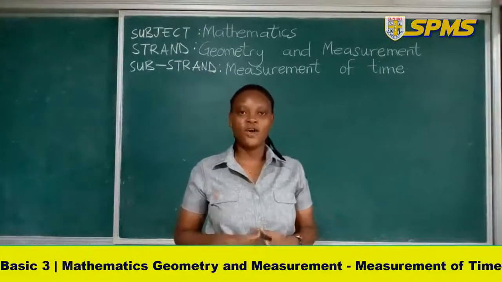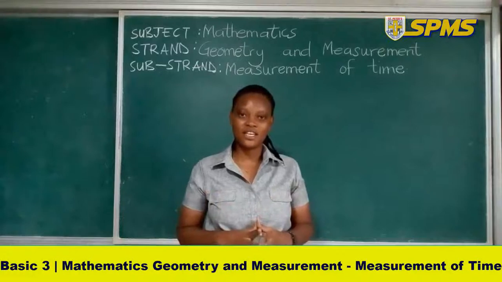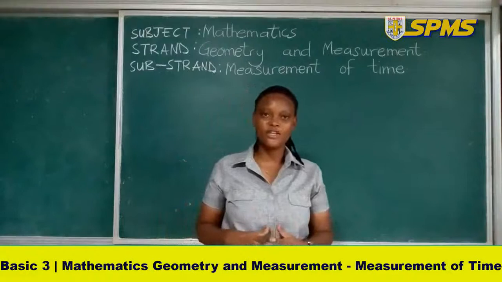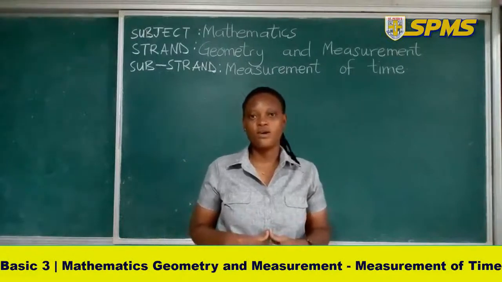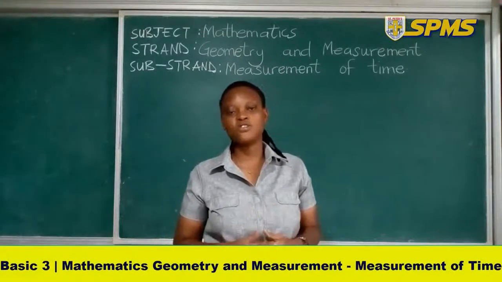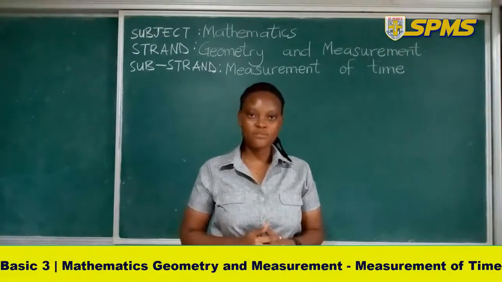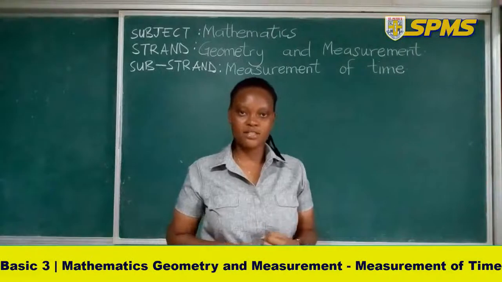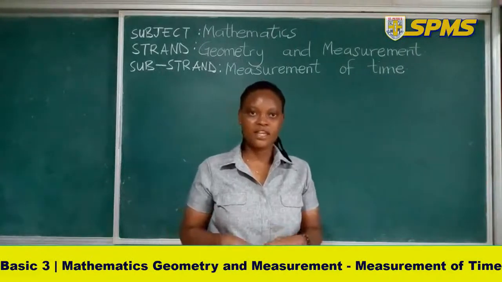Okay, children, what have we learned today? Today we've been able to identify the units on a clock, which helps us in measuring time. These units, as we said, are the seconds, the minutes, and then the hours.